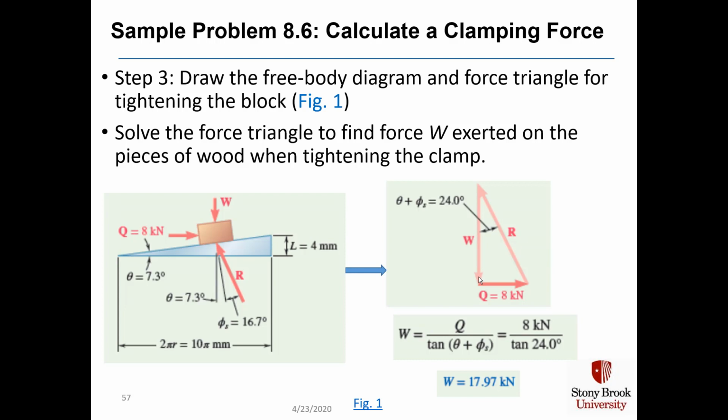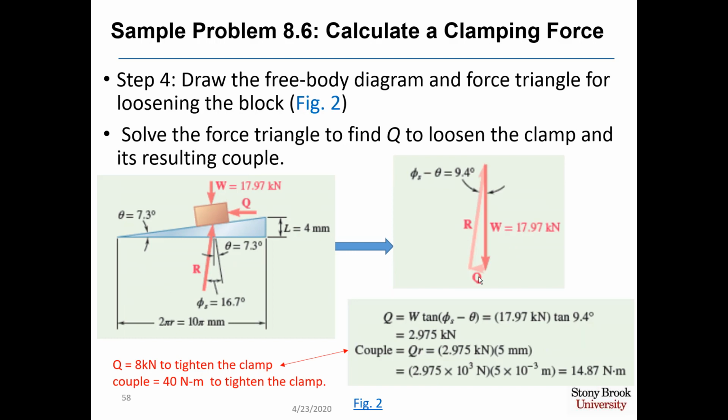Q, of course, is a horizontal force, so we get a right triangle for our force triangle, with which we can calculate that W is just Q over the tangent of 24 degrees, and W is 17.97 kilonewtons. Step 4, we draw the free body diagram and force triangle for loosening the block.